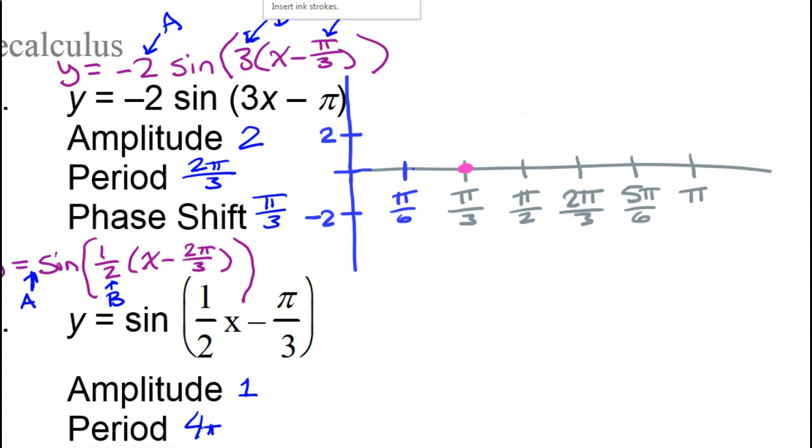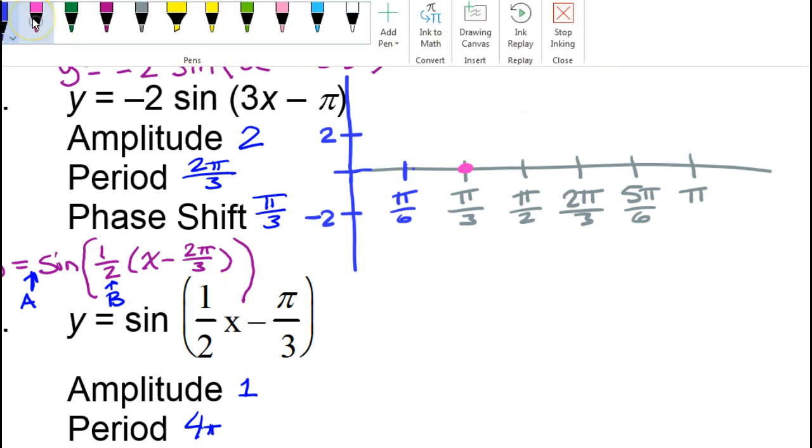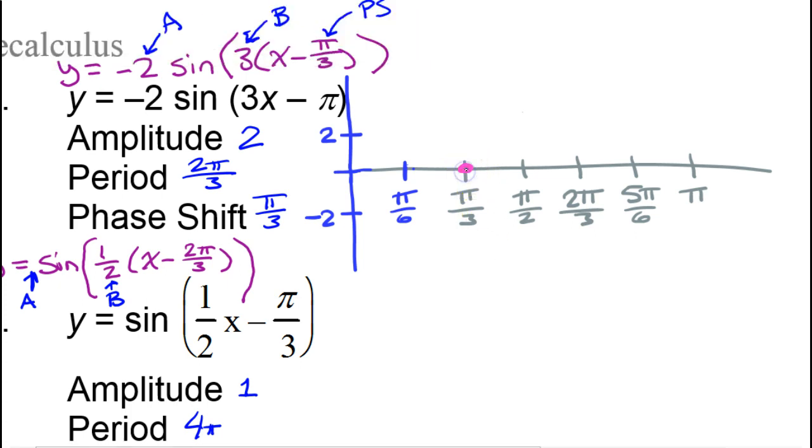Okay, anyway, so I'm starting at the midline. Now, because of the negative sign in the front, we have a reflection over the x-axis. So normally the sine function starts at 0 and it goes up and then it goes down like that. So because this is reflected over the x-axis, I'm going to do this upside down. So I'm going to go down and then up.